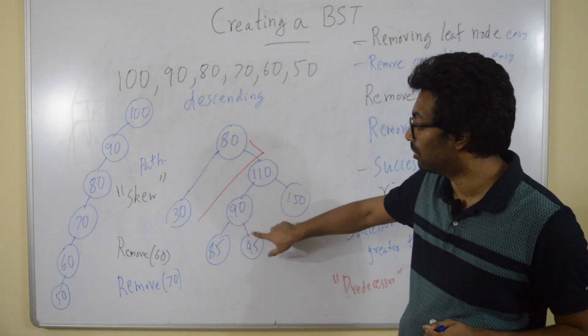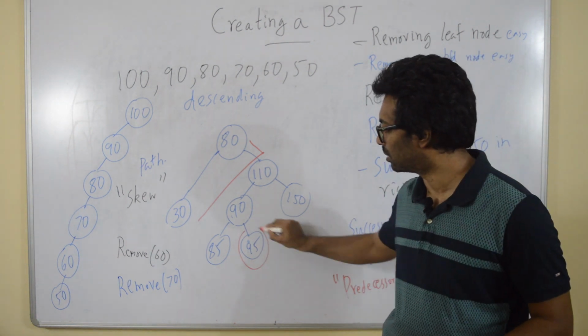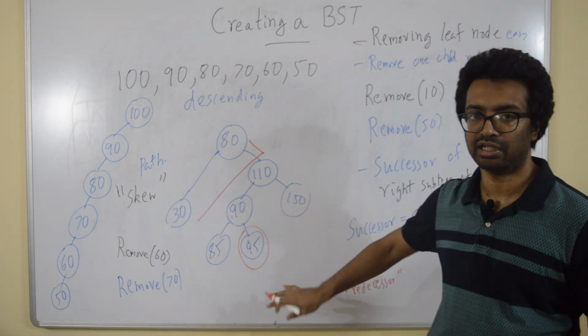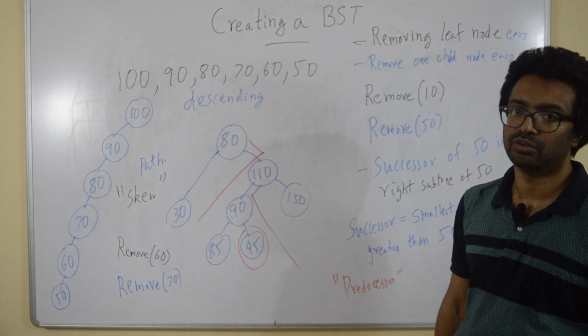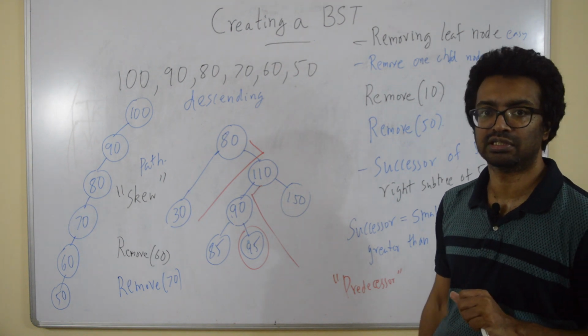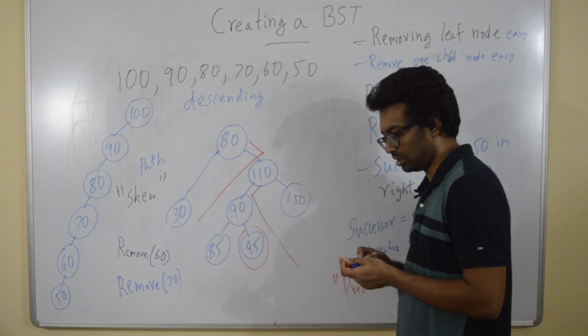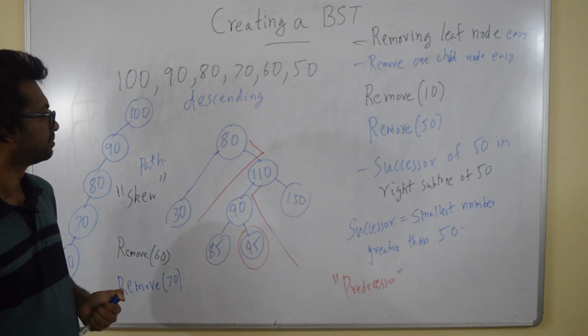You turn left and then you keep on going right. Then you get this. This is the predecessor of 110. Okay, largest number less than 110 is 95. So you turn left and then you keep on going like this. That's how you're going to get predecessor. How did you get successor? You turn right and then keep on going left. Okay, so you get predecessor and successor like this, and this is good.